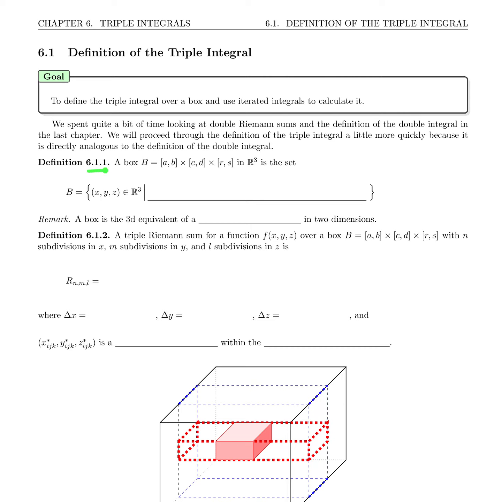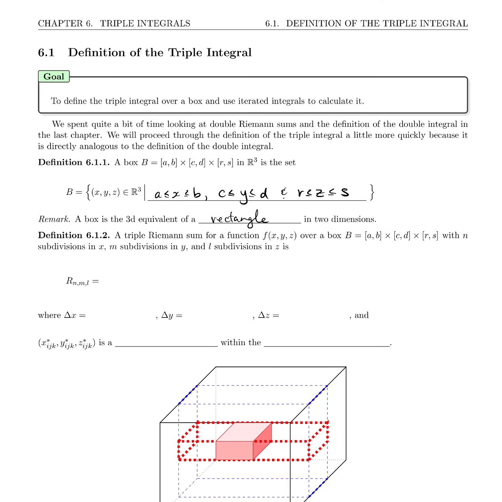So, definition 6.1.1, a box B, which is [a,b] times [c,d] times [r,s] in R3, is the set of all points (x, y, z) in R3, such that a ≤ x ≤ b, c ≤ y ≤ d, and r ≤ z ≤ s. So just a little remark, a box is the 3D equivalent of a rectangle that we used in 2 dimensions for double Riemann sums.